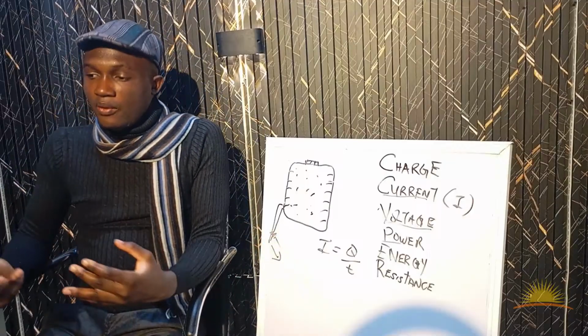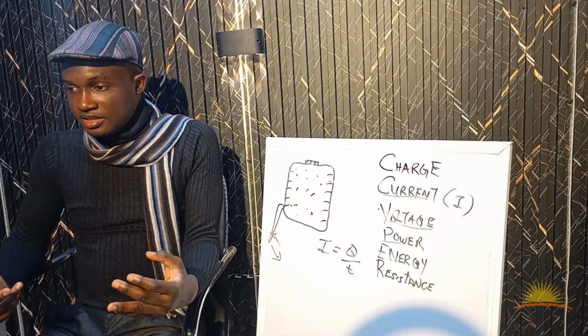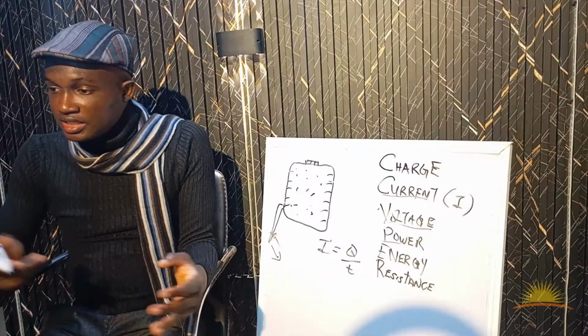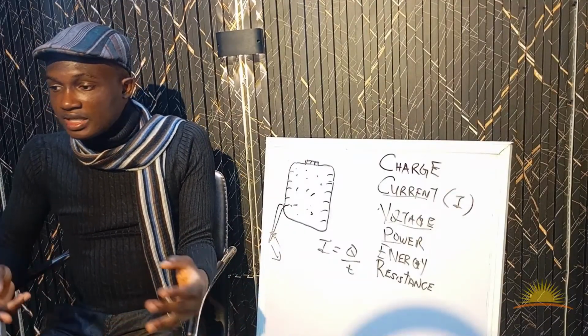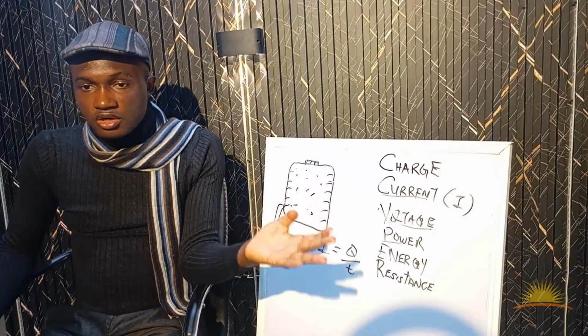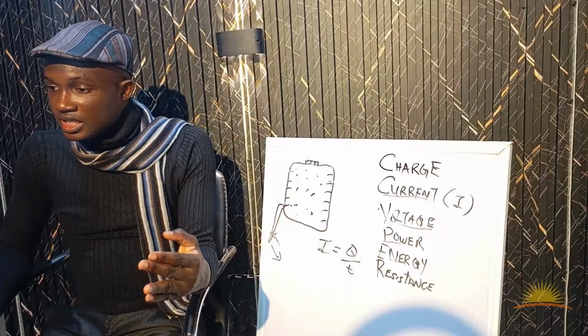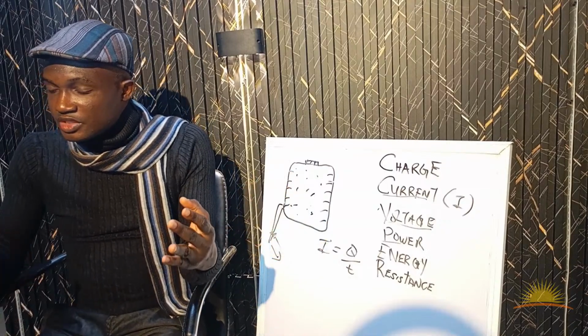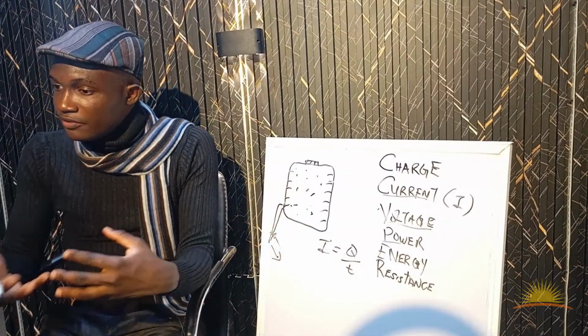Now, the power of a battery differs from one another. We can have a lead acid battery and a lithium ion battery, and their power level might be different because we know that current is a function of voltage, and then there has to be something that relates them together.